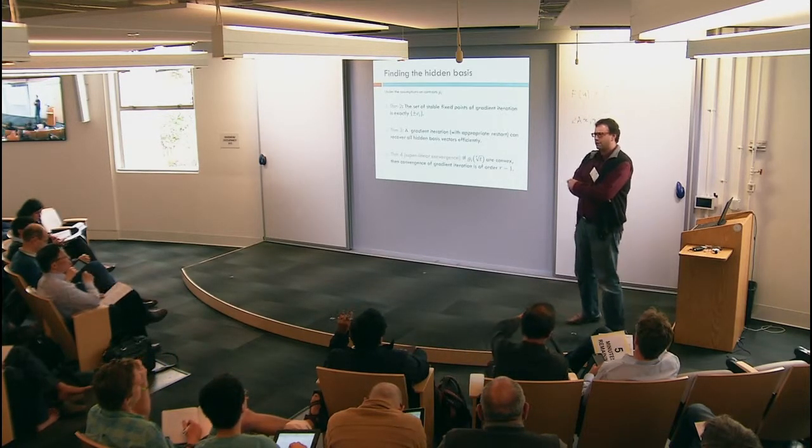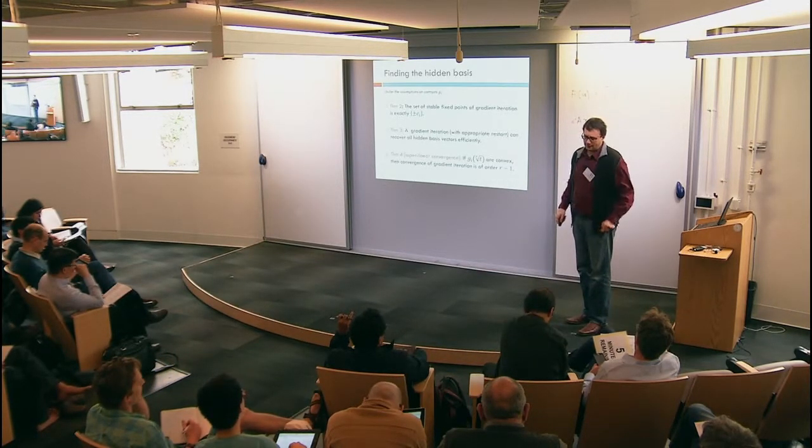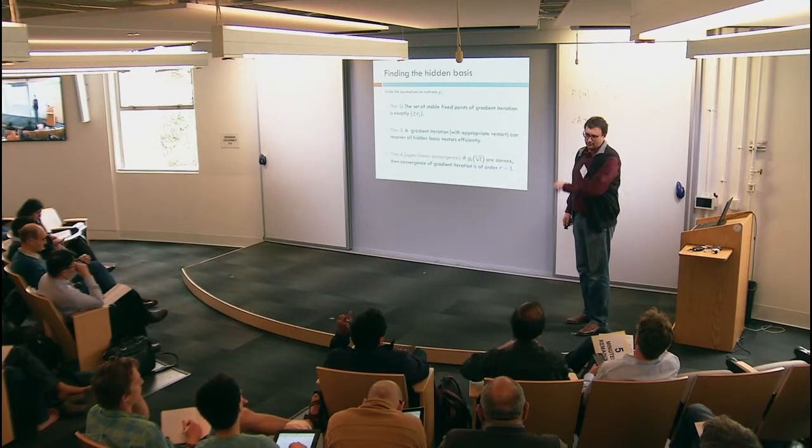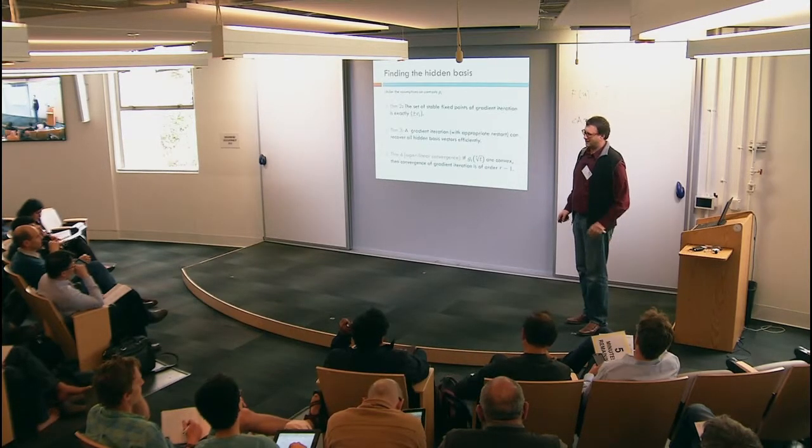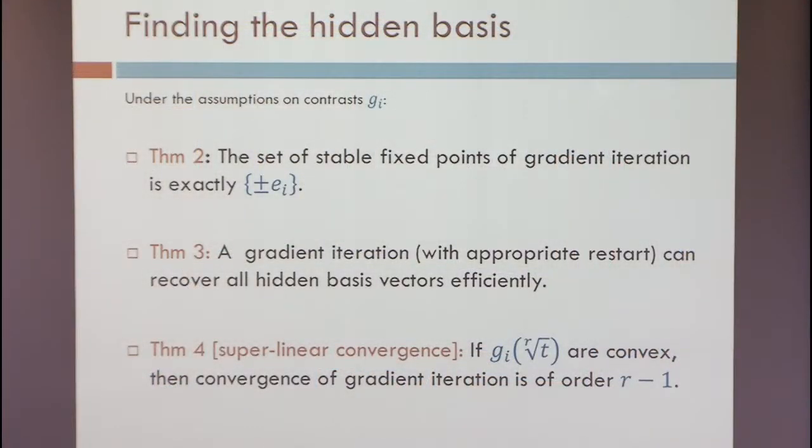I think you can do something like that. I need to think a little bit, but I think it's quite possible that you would get the full one. But it's a little bit tricky because you have to do these restarts. Yeah, so that's the interesting thing, and that was observed before in the tensor case, that you get superlinear convergence for tensors.